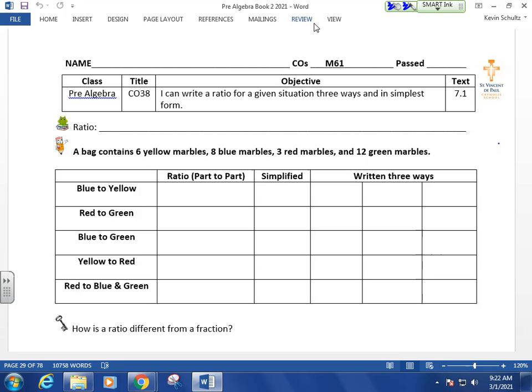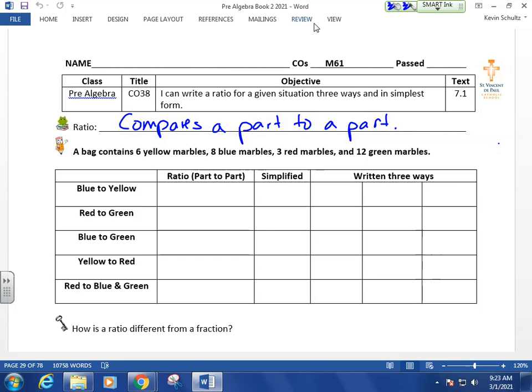And in the context of more mathematical terms, what a ratio does is it compares a part to a part. Okay? A ratio compares a part to a part, which is different from a fraction, because what does a fraction compare?